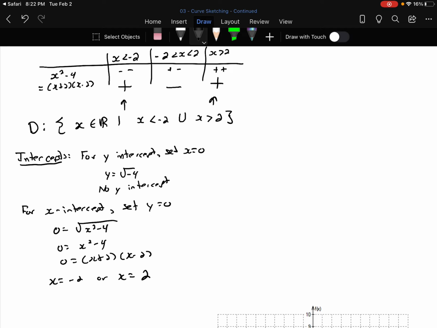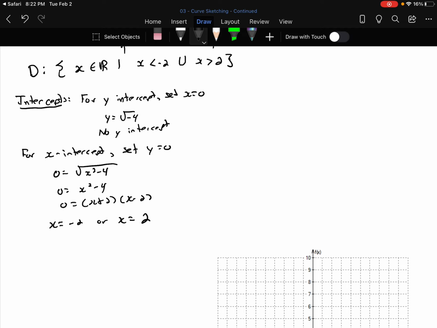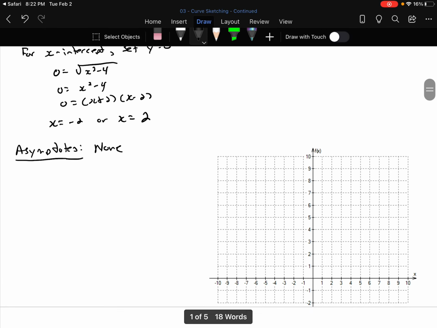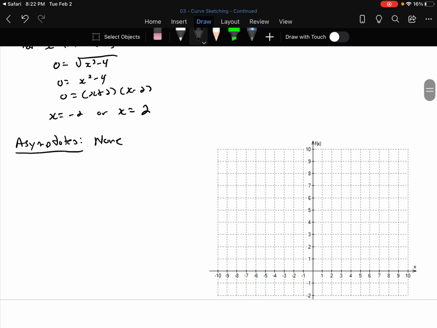Those are my two x-intercepts. So that's good. That's going to be a good start for our graph. Now, in other sections, we looked at asymptotes. But without any denominator here, we don't have any asymptotes, so no asymptotes to worry about here. So we switch over to intervals of increase and decrease.